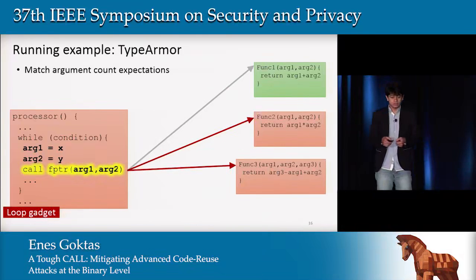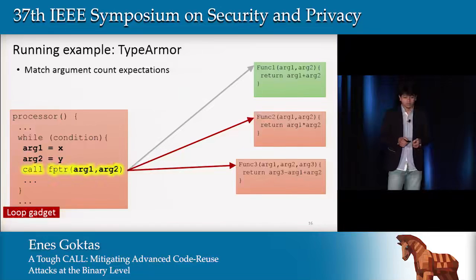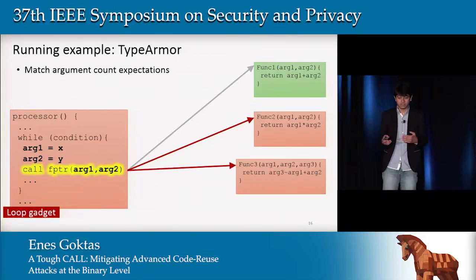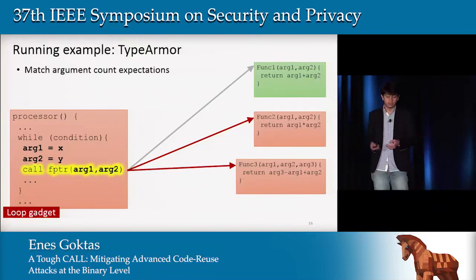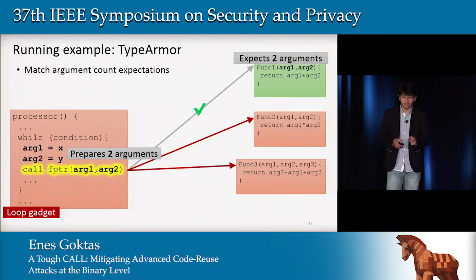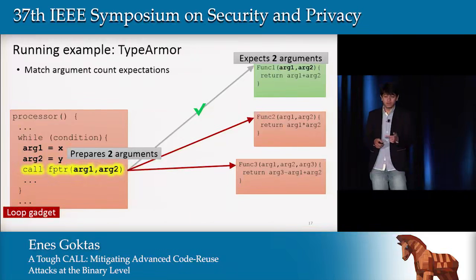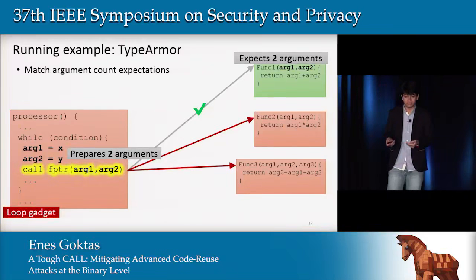Okay, so let's give an example. Once we have the information, we match the call sites and the functions, and depending on the types, we either allow or disallow the link. For example, at this indirect call site, TypeArmor determines that it prepares 2 arguments, and at function 1, it also determines that it expects 2 arguments.